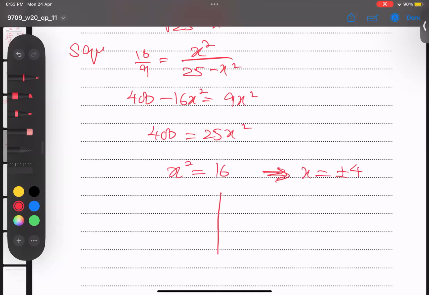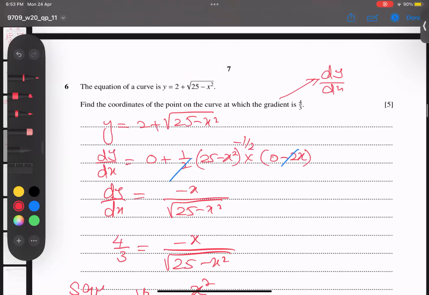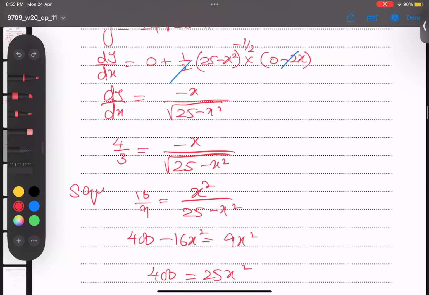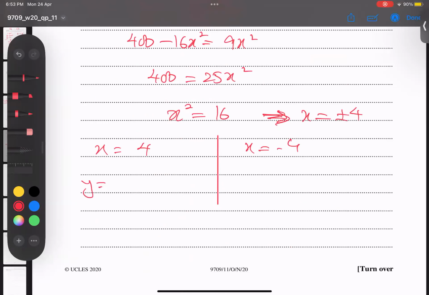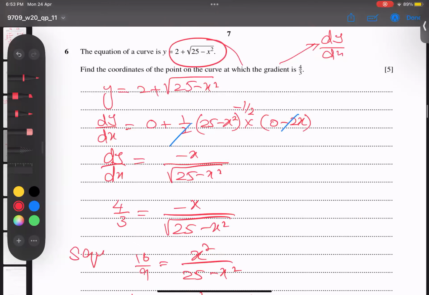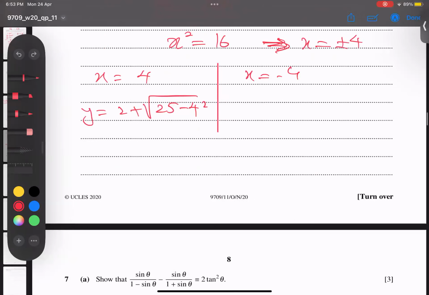So x is done, but he said we need y also. And both values I plug in there. So 2 plus 25 minus 4 square. Let's check again. 2 plus 25 minus x square, same story here. But this in a bracket, sorry.